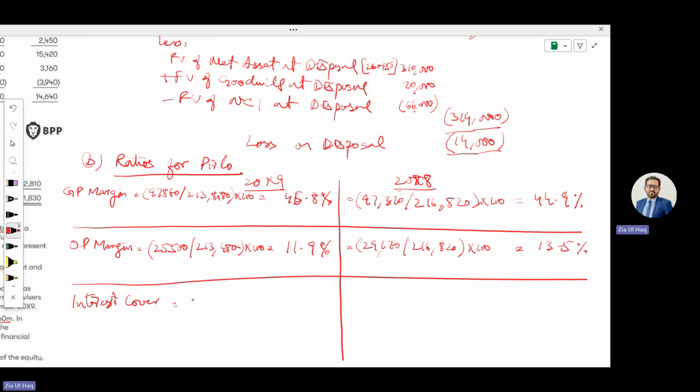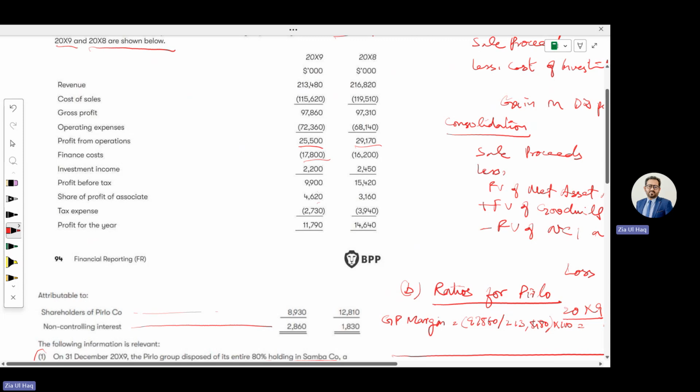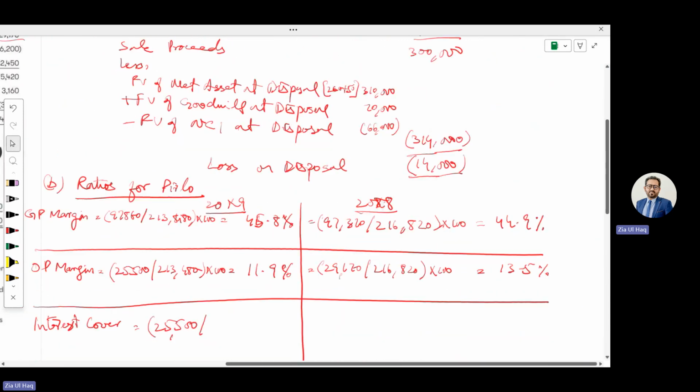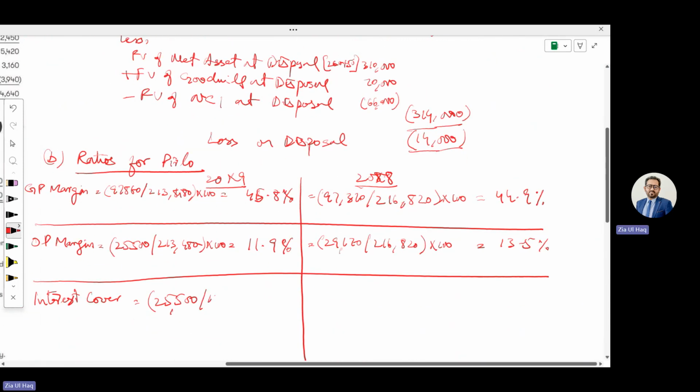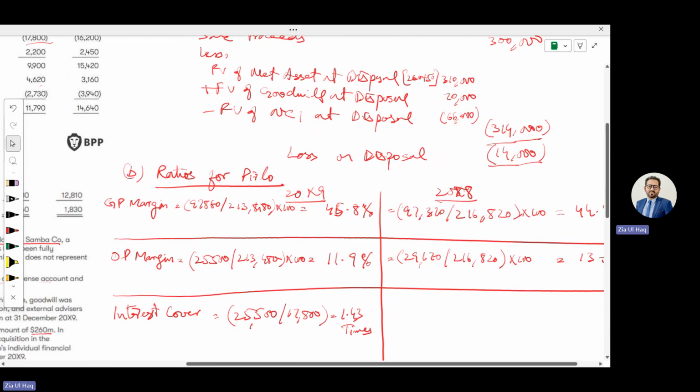Next, we need to calculate interest cover. That is equal to operating profit divided by interest. So operating profit 255,500 divided by finance cost. If we see, finance cost is 17,800 and 16,200. So 17,800, how many times? 1.43 times. And for this, finance cost is 16,200.